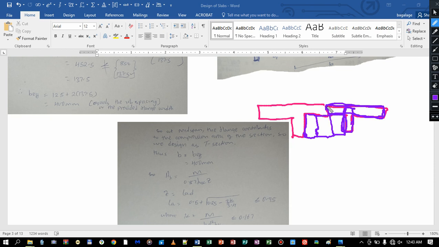So since concrete is good in compression, there is an effective width of this flange that will act together with the rib, such that it acts together with a portion of the rib above the neutral axis.